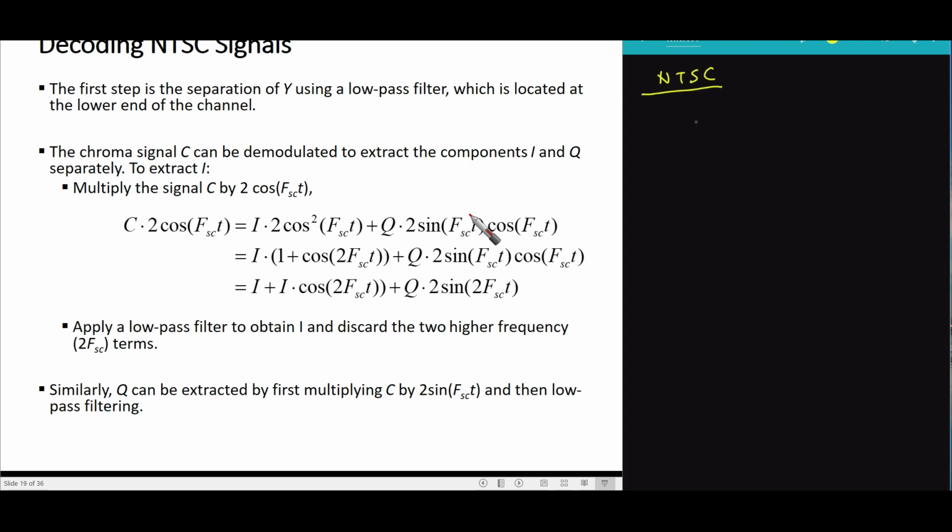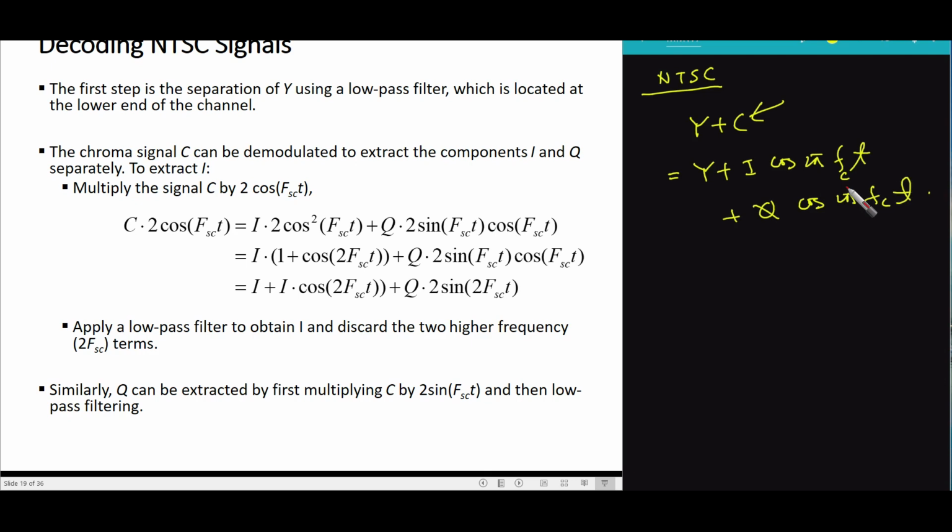And if you remember, our composite video signal was Y plus C, and that is exactly Y plus the color signal, I cos 2 pi FCt, where FC means carrier frequency, plus Q cos 2 pi FCt.